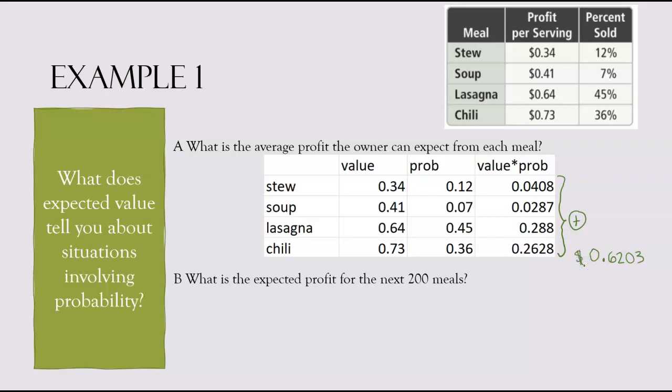So the expected value for each meal that I sell is going to be 62.03 cents. It's not possible to make 62 cents because that's not any of our particular profits, but on average, we'd expect to make 62 cents for these meals. So if I'm going to make 200 meals, to figure out the expected profit for making 200 meals, I'm going to be doing 200 times 0.62.